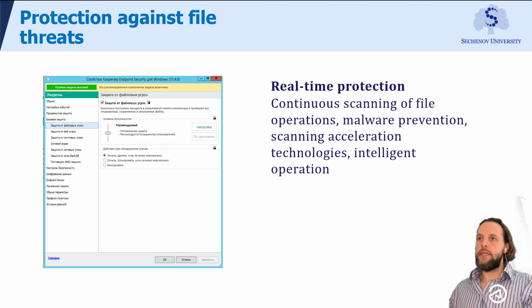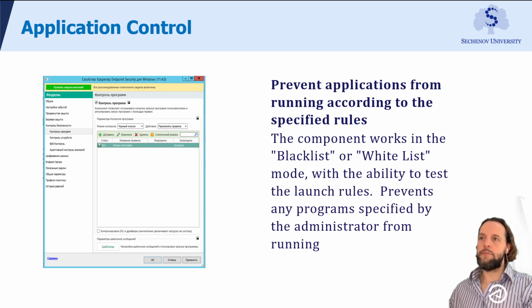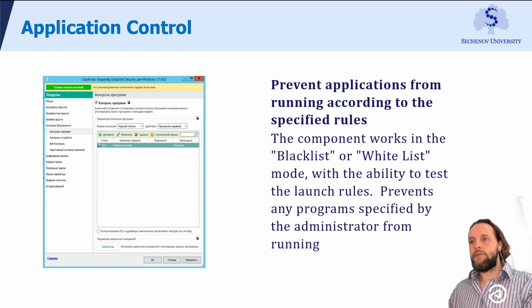Real-time protection allows scanning all the actions currently going on in your system, and it's also a way to find malware and prevent harm. Of course, you could have blacklists for actions or software products, and whitelists.